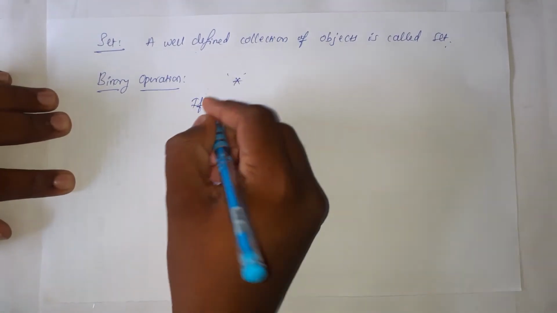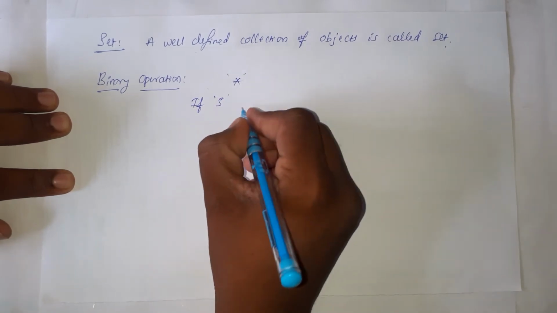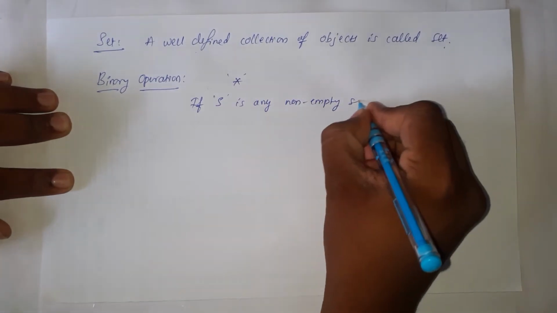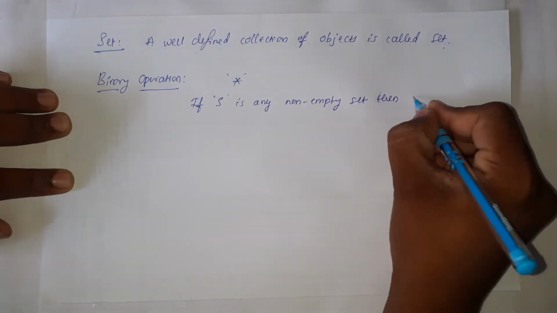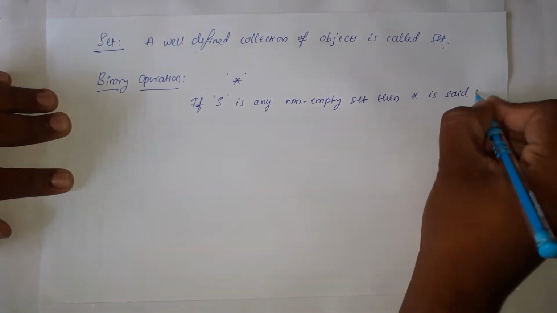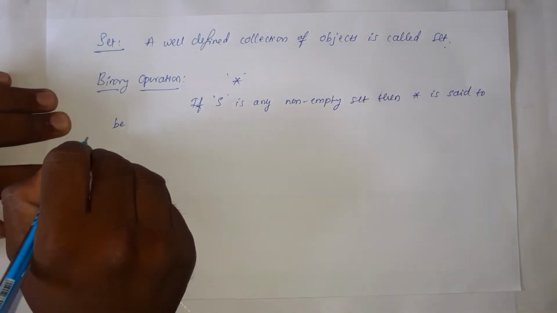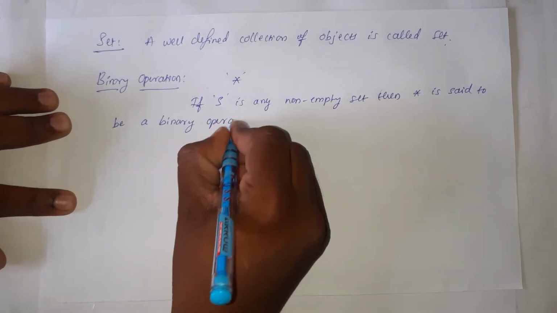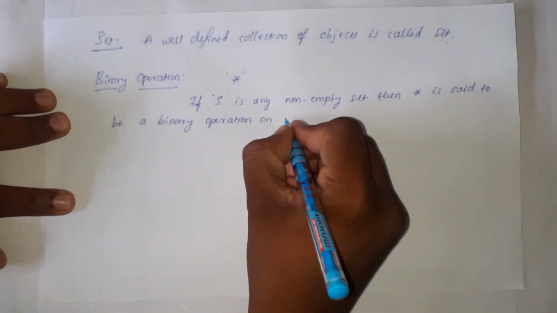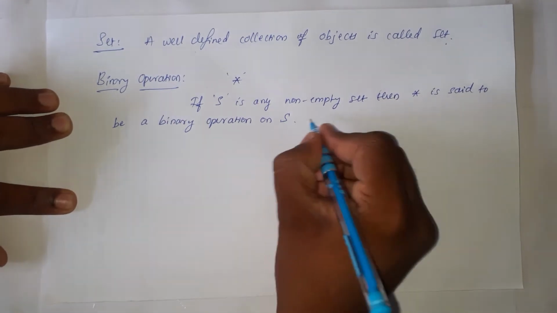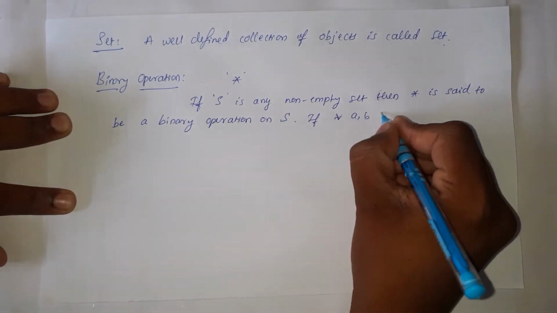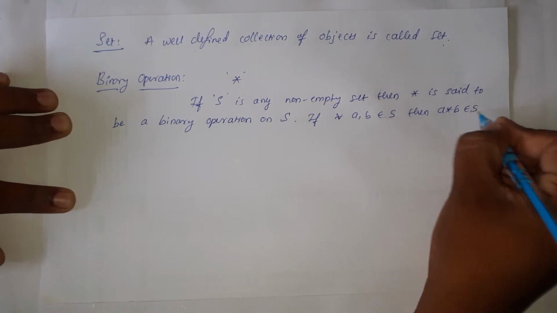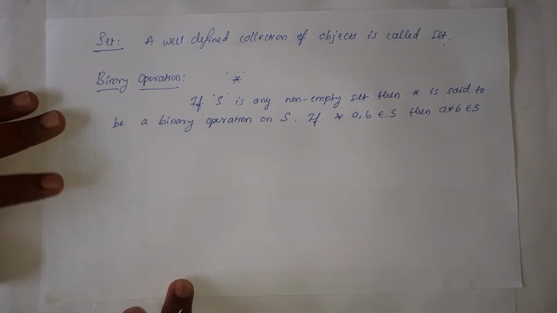If capital S is any non-empty set, then star is said to be a binary operation on the set S if for all a, b belongs to S, then a star b belongs to S. So here it is the definition of binary operation.